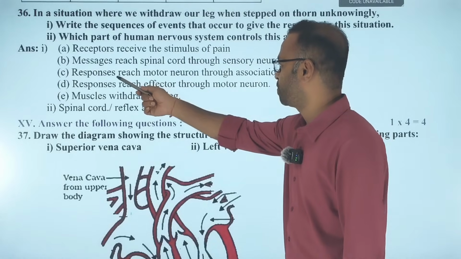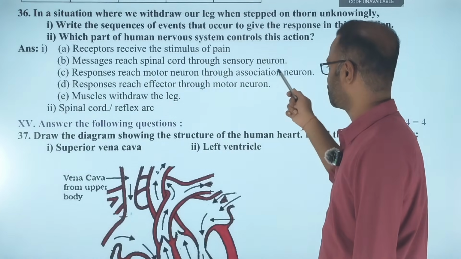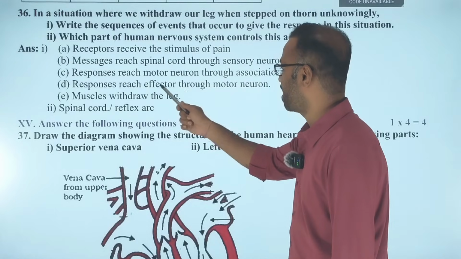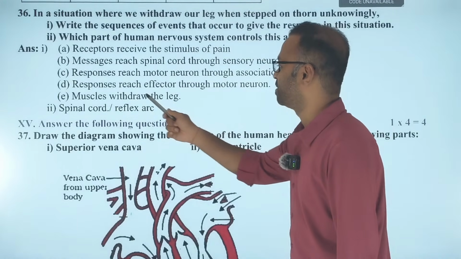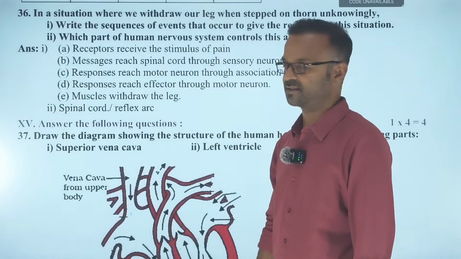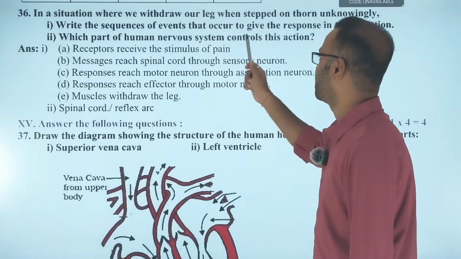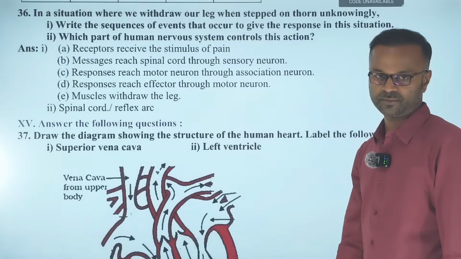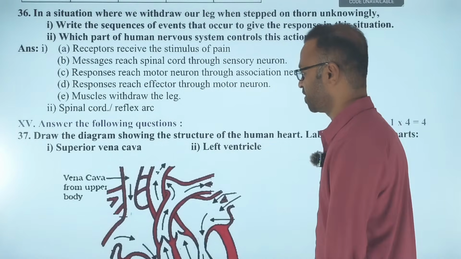Motor neuron. Responses reach the motor neuron through the association neuron. Response reaches the effector through the motor neuron. Muscles will withdraw the leg. Muscles are nothing but the effectors, and the spinal cord is the one that will control this action. Later the message will be sent to the brain. Okay, they are talking about the reflex action.